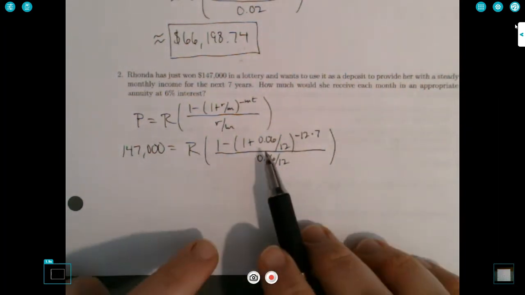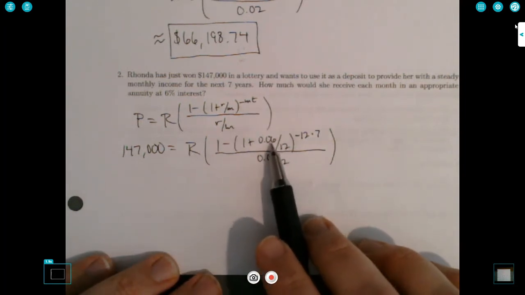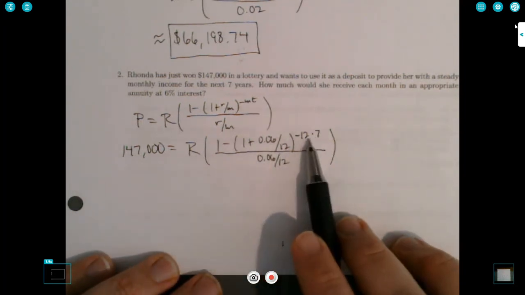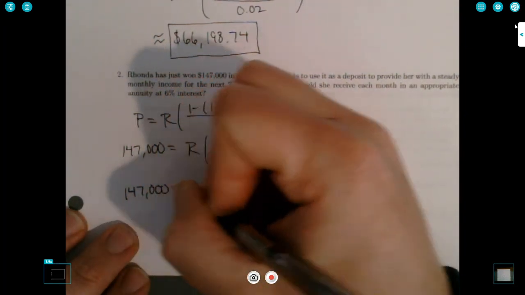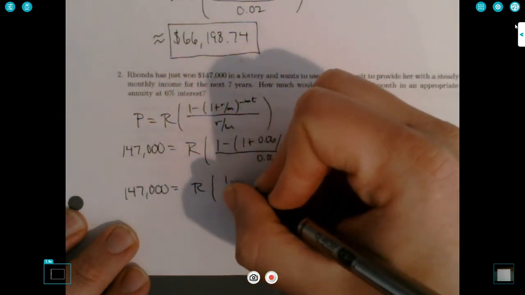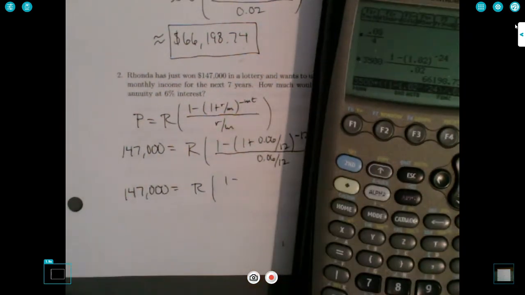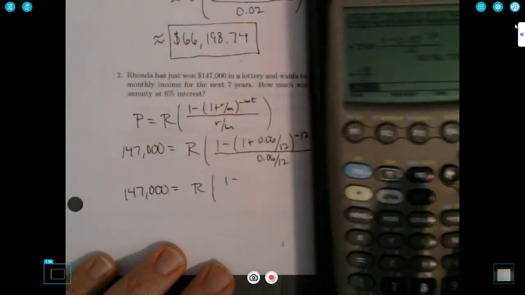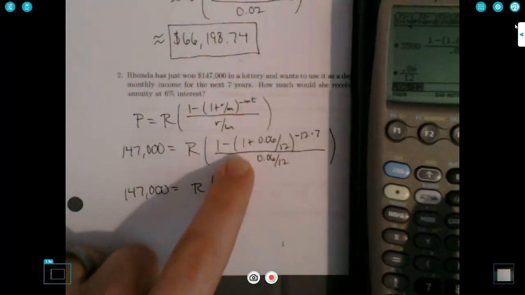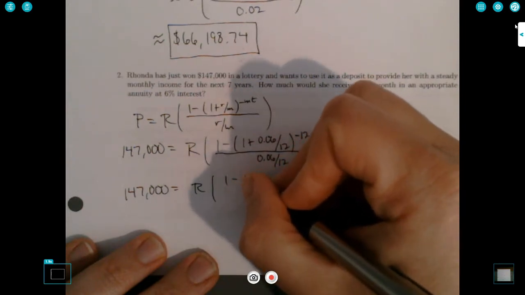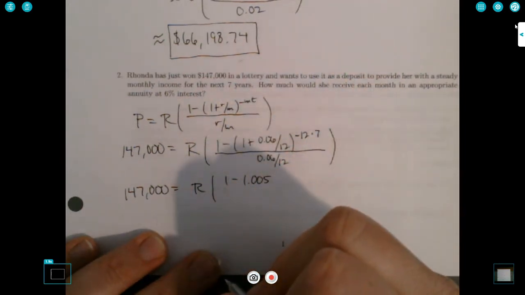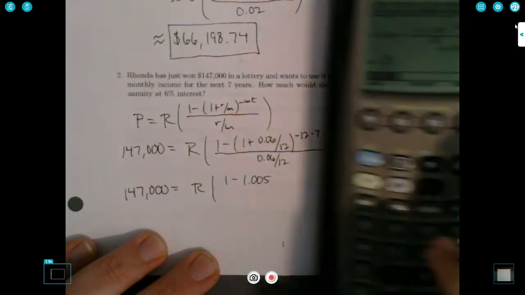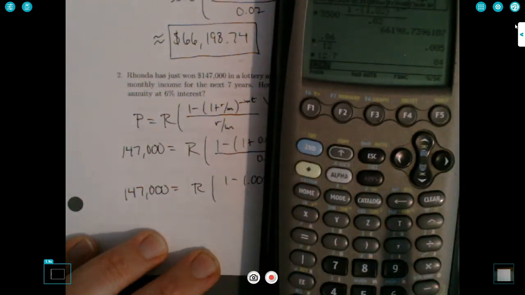Once again, I'm going to do a little bit of scratch work on my calculator to do this division and this multiplication first. I'm going to get 147,000 equals R times 1 minus, well, let's see, 0.06 divided by 12 is 0.005. If I add that to 1, I'm going to get 1.005 to the power of 12 times 7, which is 84.